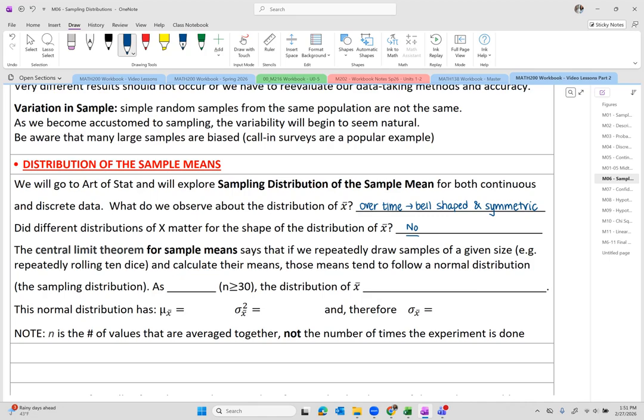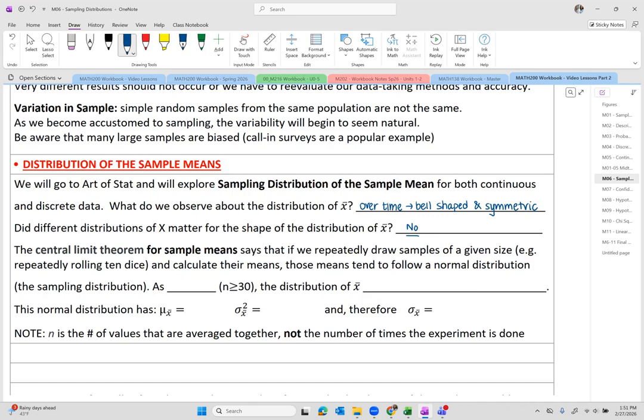So we want to know when we collect samples from a population and we calculate the mean of those samples, what should we expect for that value of the sample mean? What do the other sample means look like compared to my sample mean?